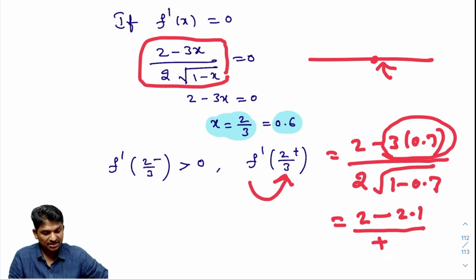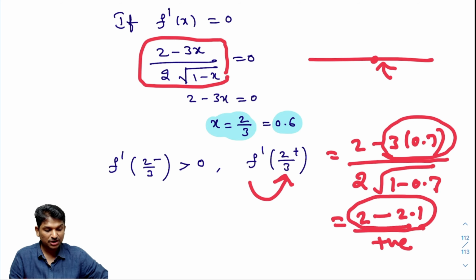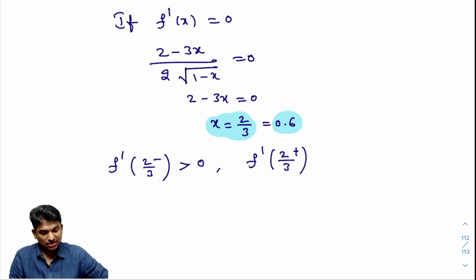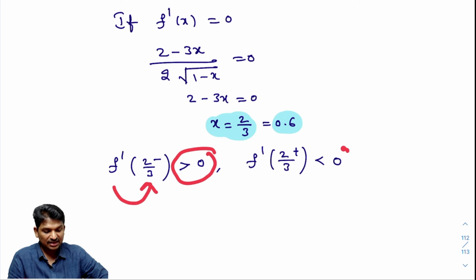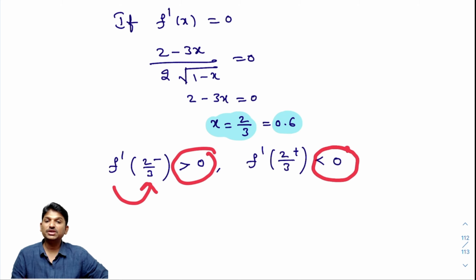Denominator is clearly positive. Numerator 2 minus 2.1 is negative. Negative divided by positive is negative, right? So total this f dash of 2 by 3 from right is negative. So f dash at 2 by 3 changes from positive to negative.